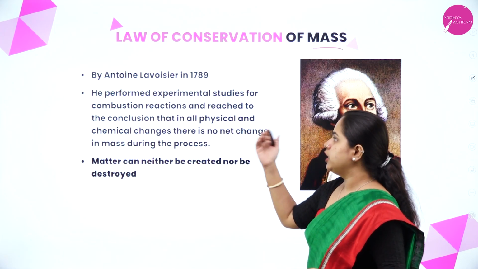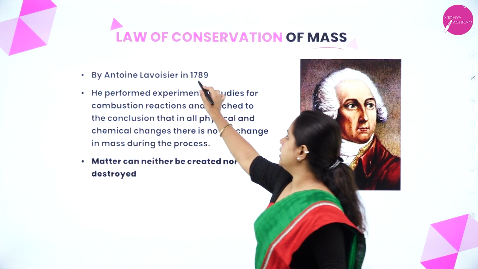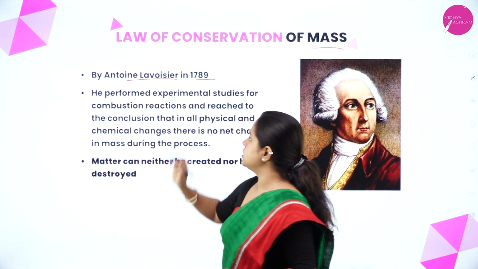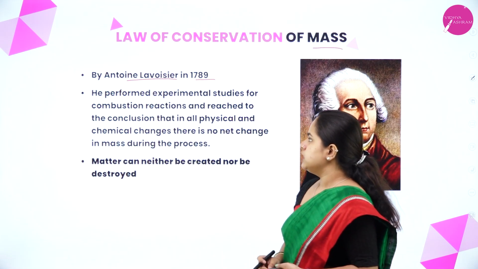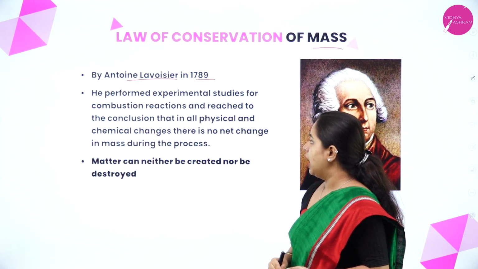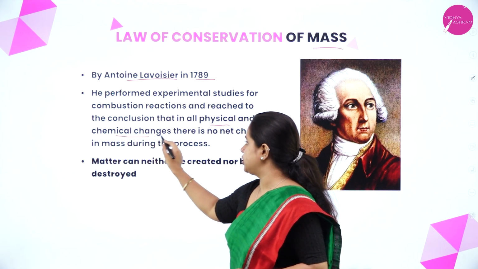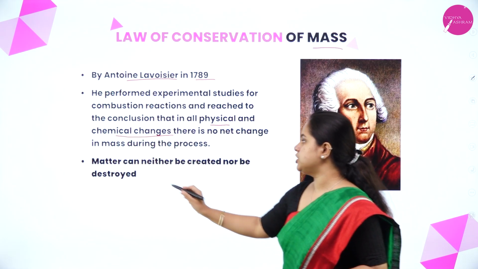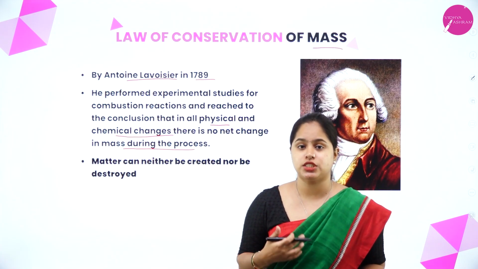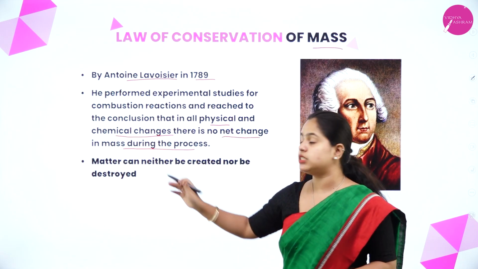So this law was proposed by Antoine Lavoisier in the year 1789. He performed experimental studies for combustion reactions and reached the conclusion that in all physical and chemical changes, there is no net change in mass during the process. So let it be a physical change or chemical change happening in a chemical reaction, there is no net change in mass.